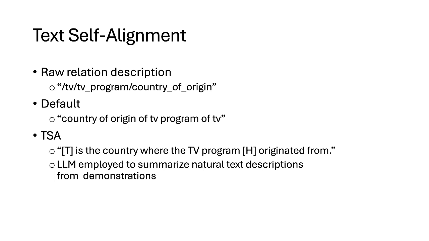The Freebase raw relation description might look like /tv_program/country_of_origin. This is quite hard for the LLM to understand. So the authors of this paper formatted this information into a default version or a TSA version. The default version is like "country of origin of TV program", and the TSA format is like "T is the country where the TV program originated from".